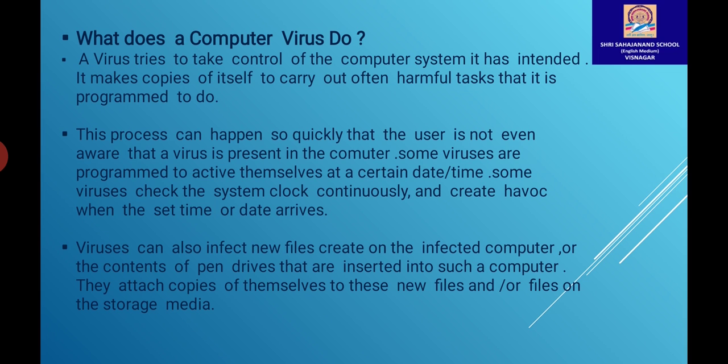This process can happen so quickly that the user is not even aware that a virus is present in the computer. Some viruses are programmed to activate themselves at a certain date or time. Some viruses check the system clock continuously and create havoc when the set time or date arrives.